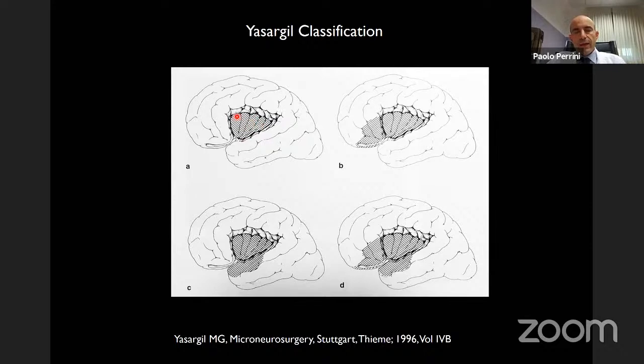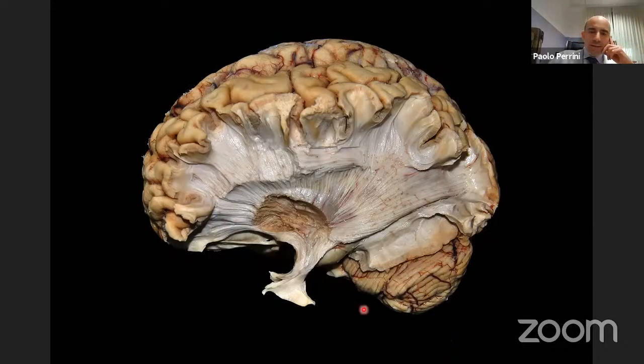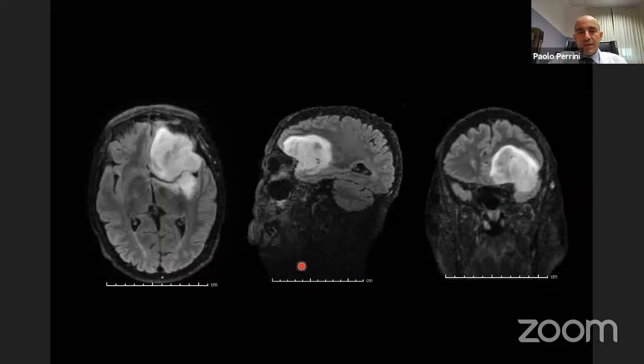He understood that an insular tumor can be pure insular, frontoinsular, temporoinsular, or frontotemporal insular. Why? Because these aspects are related to the spread through these fibers. When an insular glioma spreads mainly through the anterior portion of this region, through the uncinate fascicle, it goes to the frontobasal and temporomesial region.